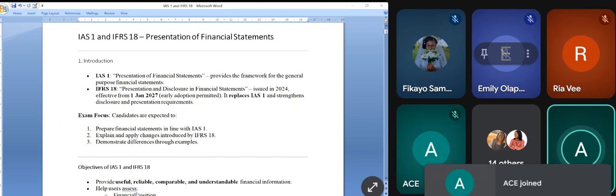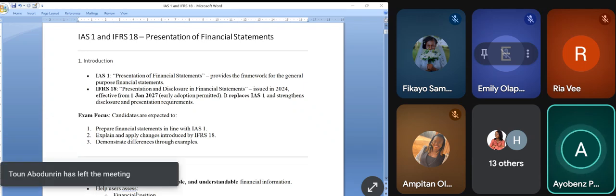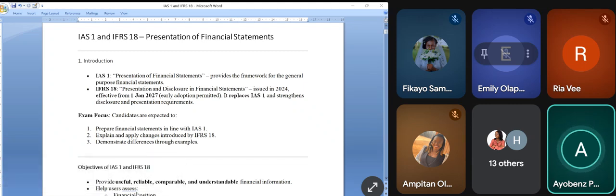IAS 1 and IFRS 18, like I said earlier, are to provide useful, reliable, comparable, understandable information to users. Very, very important. The essence and the objective is that whatever you are putting down in those statements, you are communicating information to the user such that they can make an informed decision.